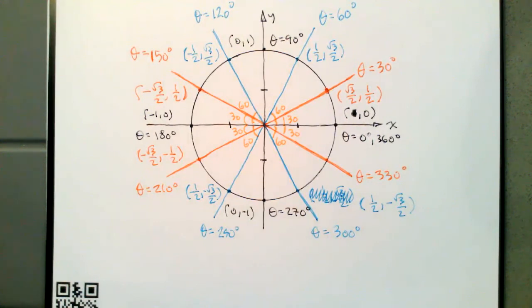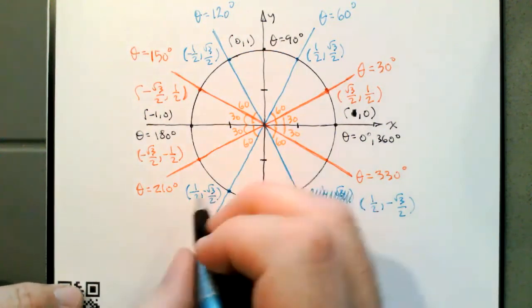So for the 210, x should be negative 1/2. Is that what it is, or is it just blurred together there? That is a negative. That should be a negative 1/2 at 240 down here.